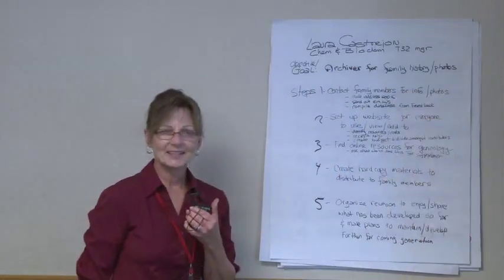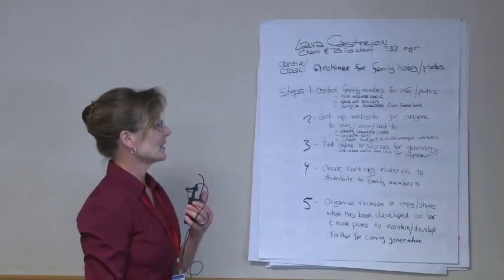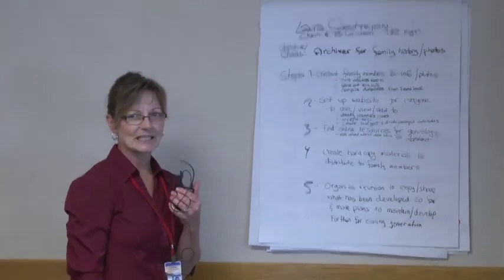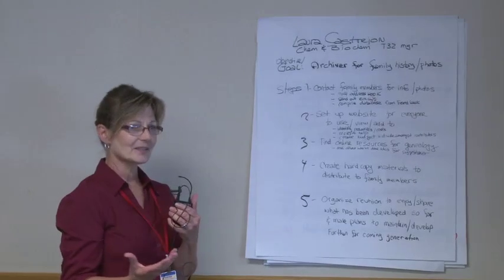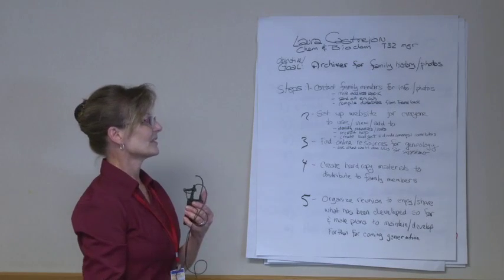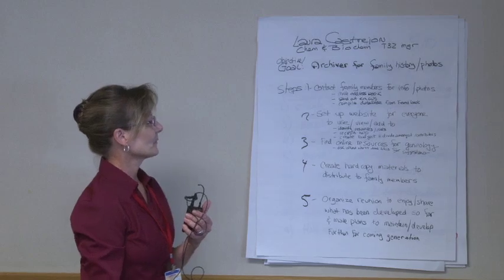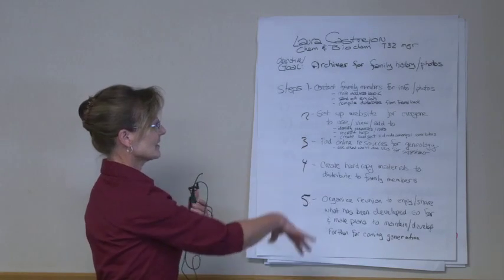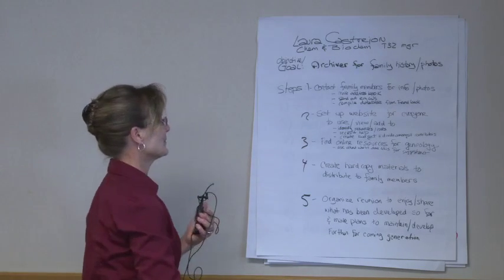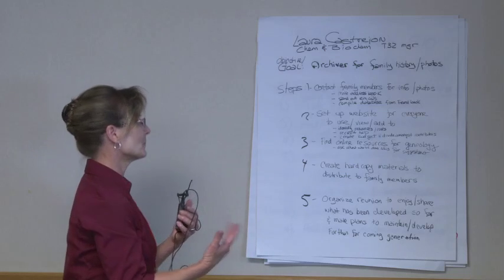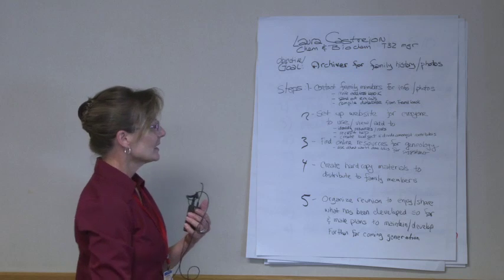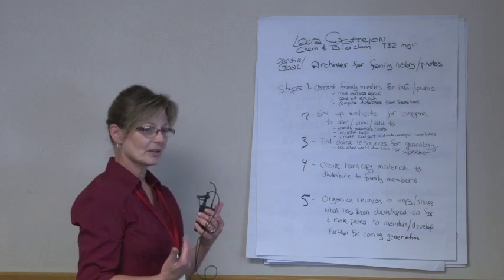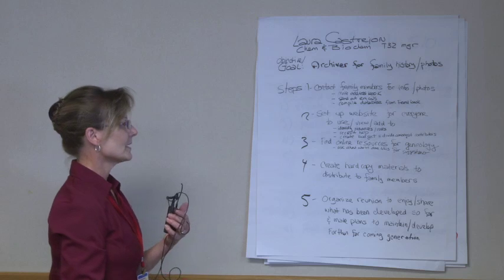I love photography and I love history, and so I want to be the family archiver for my family. And so I would like to do several things once I retire to be able to start implementing that. I may have these out of order, so I apologize for that. But I guess the steps would be I would want to contact my family members for their input, for their information on their histories and photos.